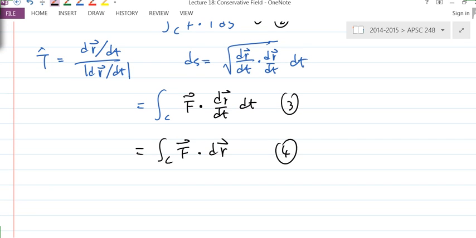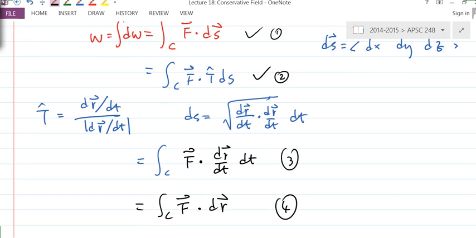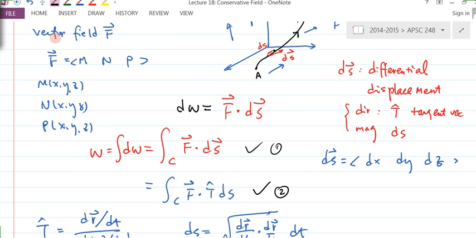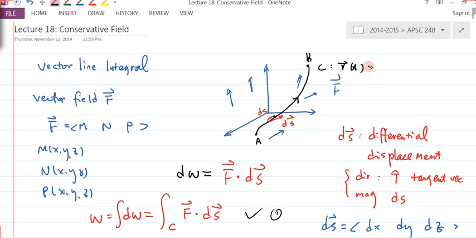And as a matter of fact, you can actually have one more formula for this line integral, because remember what we said is suppose the vector field is F equal to M, N, P. So the vector field is M, N, P, and r of t is maybe a certain kind of vector function, a parametric equation, maybe x of t, y of t, z of t there.